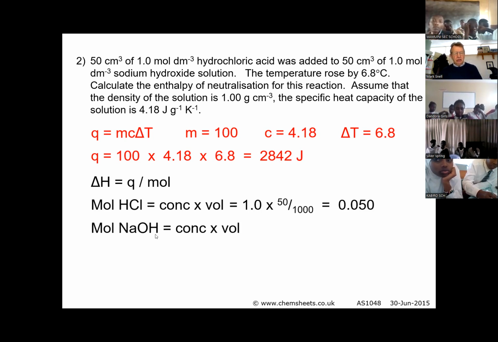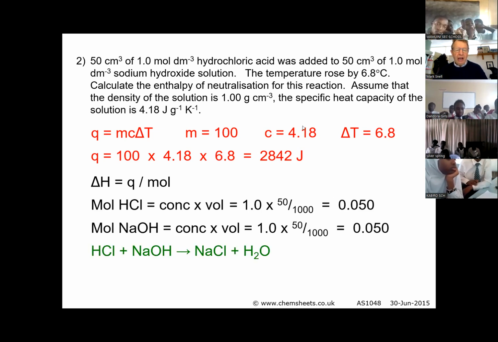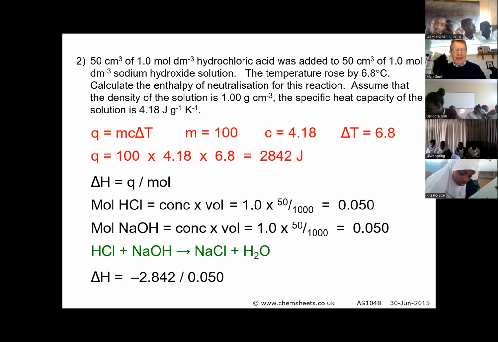Now, delta H would be that 2842 divided by 0.05, and then divided by 1,000 to make it into kilojoules. The moles of the sodium hydroxide works out the same, so we could take either of them because they react 1:1. Therefore, delta H is the joules divided by 1,000 to turn it into kilojoules.